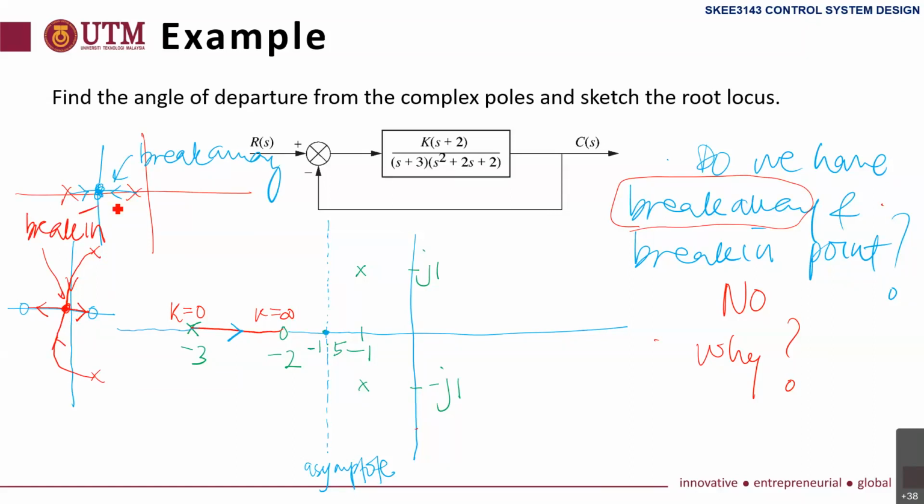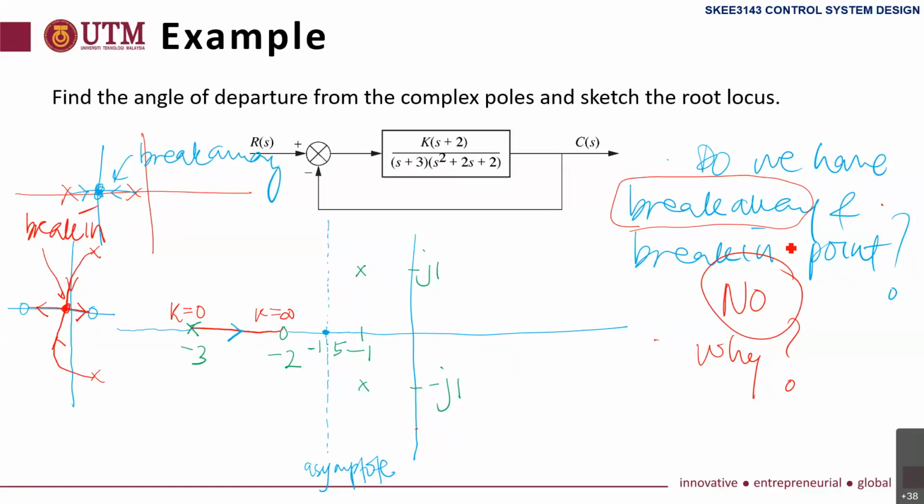In the example that we are doing now, there is no such case. That means no break-in, no break-away point. So you should understand that not all rules are applicable. Although we have 9 rules, only rule number 1 and rule number 2 are applicable to all.